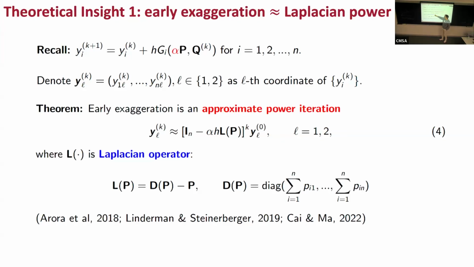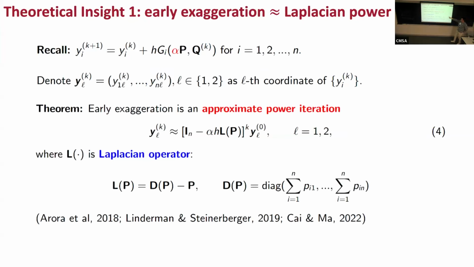And this multiplier matrix is identity minus some scalar. Alpha is, remember, the early exaggeration. H is the step size of your updating equation. And this is a Laplacian operator of your similarity matrix of the input data. So you can see this is similar to a Laplacian effect, given that power iteration essentially looks for the top eigenvector of that matrix.